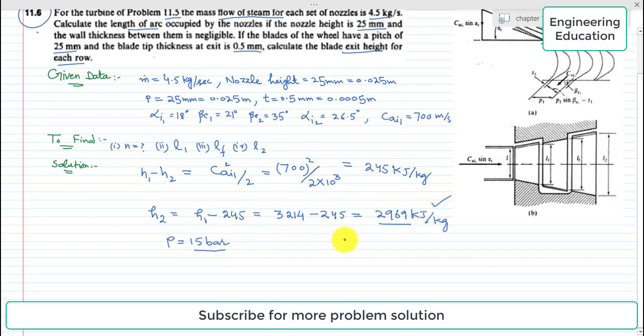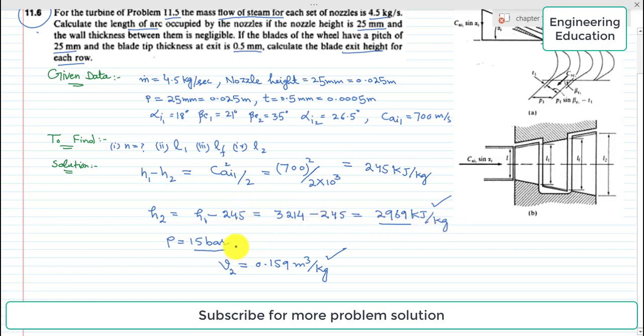From the superheated steam tables, we will pick the value of specific volume, and that specific volume from the table, V2, is equal to 0.159 cubic meter per kilogram. So this is the value of specific volume which we found from the superheated steam tables at 15 bar and 2969 kilojoule per kilogram.